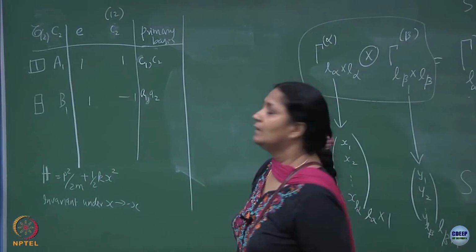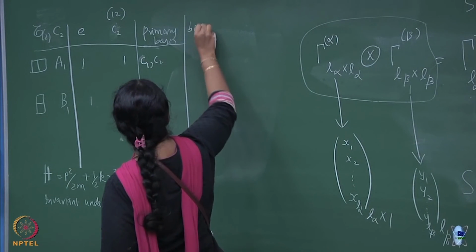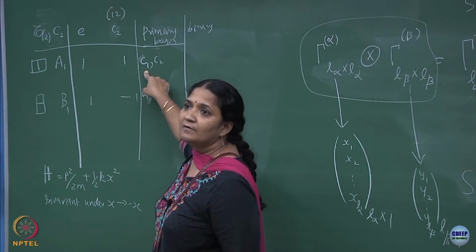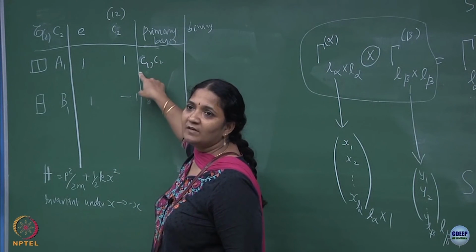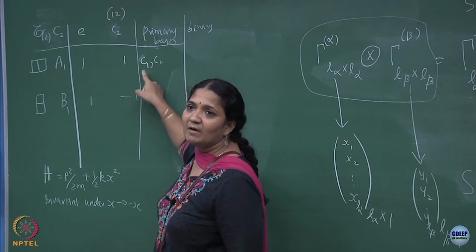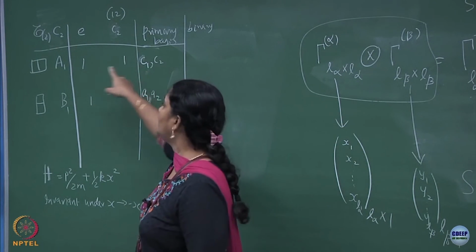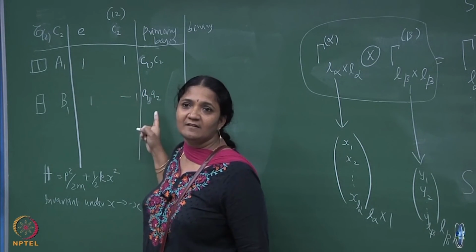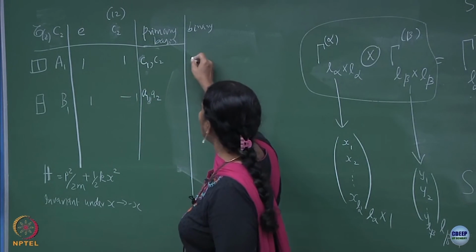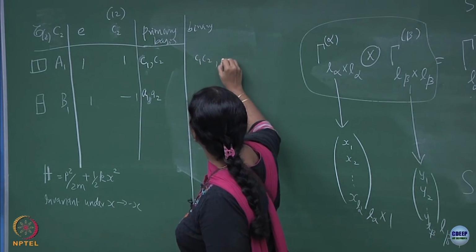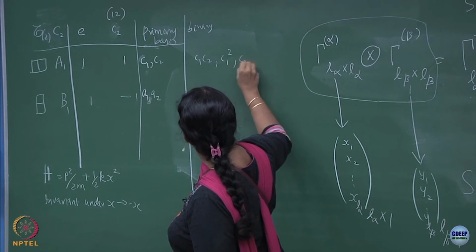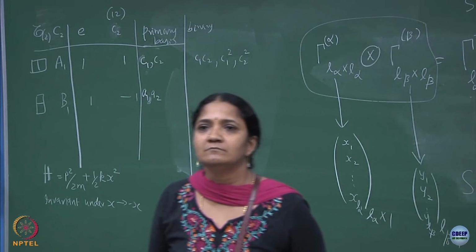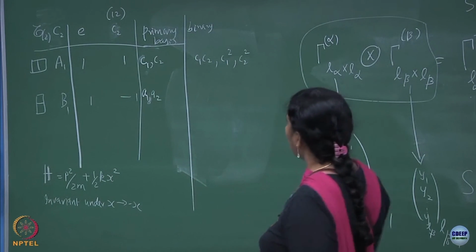Binary, you can take combinations of C1 with itself, C2 and C1. C1 multiplied with C2 belongs to A1 cross A1, but you know A1 cross A1 is A1. So, the A1 will have C1 C2, C1 squared, these are the possible bases for the binary basis.